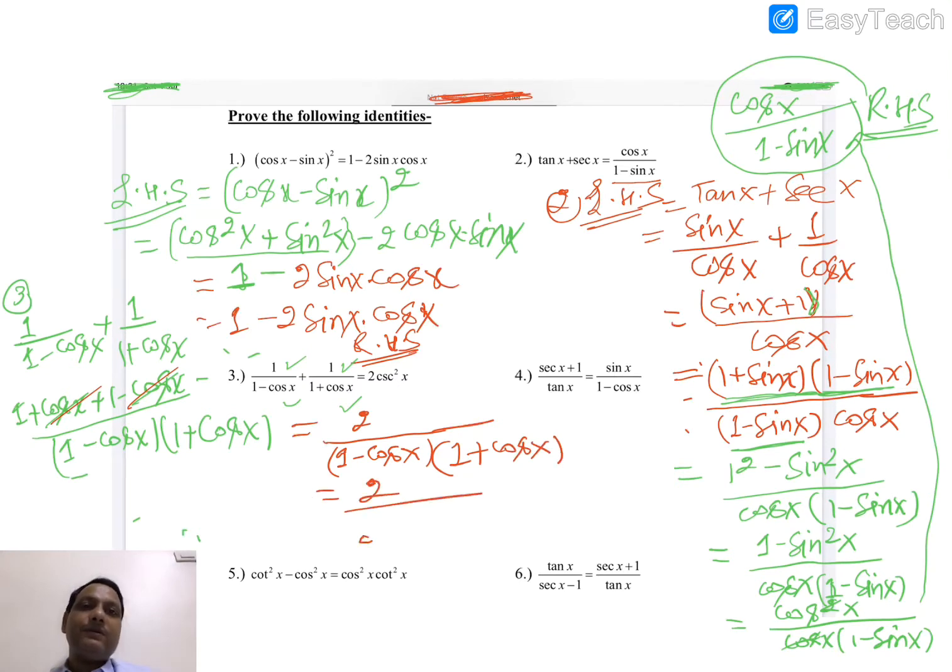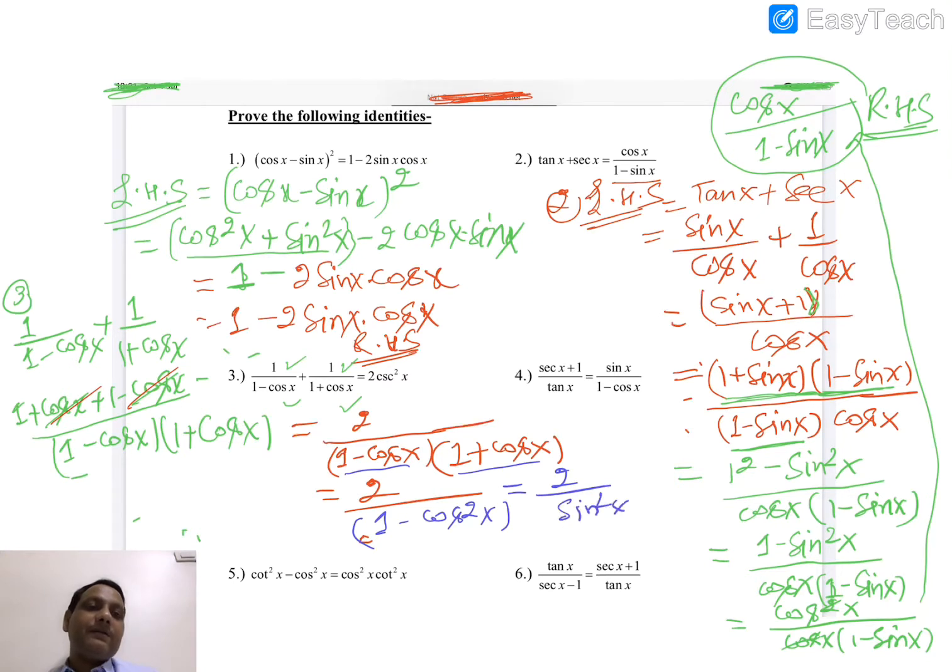So you are going to use here 1 minus cos x, sorry, and 1 plus cos x. This is the sum and difference formula, so it's going to be 1 minus cos square x. So finally you are going to get here 2 over 1 minus cos square x, which is what term? Sin square x.